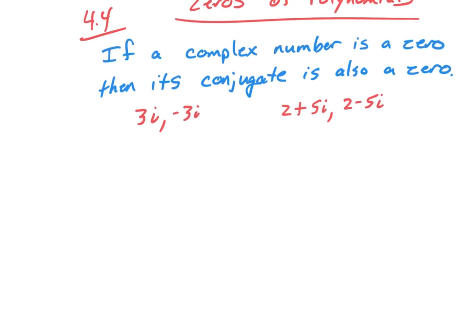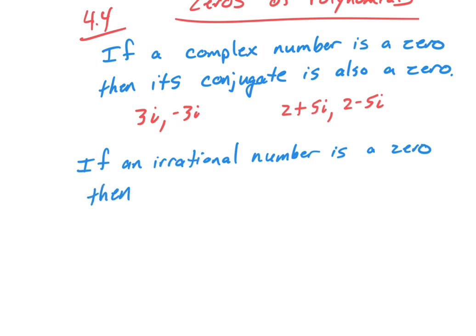Okay, the second statement that is very similar to that: if an irrational number is a zero, then its conjugate is also a zero.